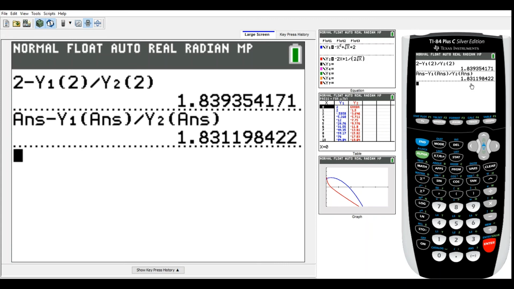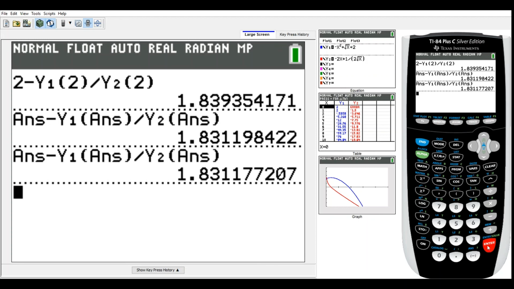You can see now, we know we at least have those 2 decimal places of accuracy. And we should just keep getting more and more decimal places of accuracy. Let's see here. So second, enter. And if I hit enter one more time, there we go. You can see now I can see 4 decimal places of accuracy.